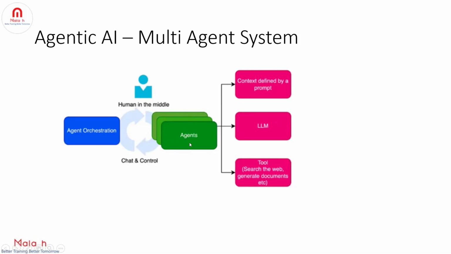So the term agent is not new to you. When you power an LLM with tools, meaning providing external world access to the LLM, that is web search or web scraping or web crawling or Microsoft product access or Slack access or WhatsApp access, etc., right?